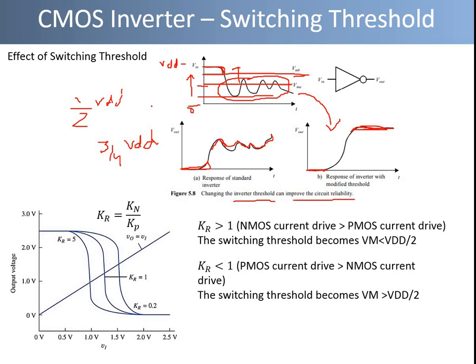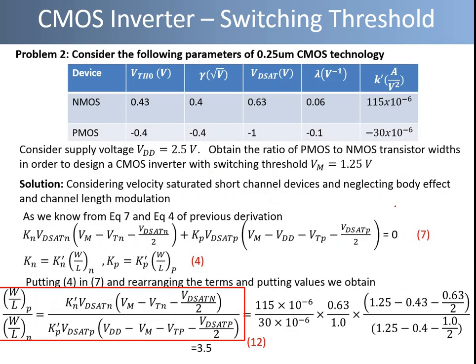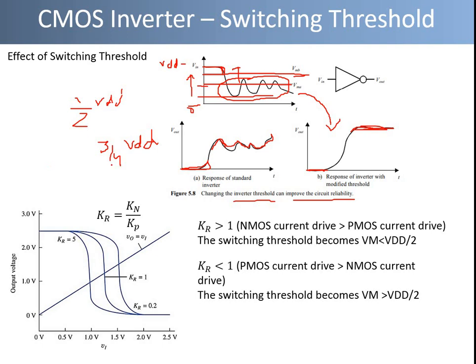However, it is not always possible to select a switching threshold of our own choice, because increasing the value of switching threshold increases the W by L, their width ratios.